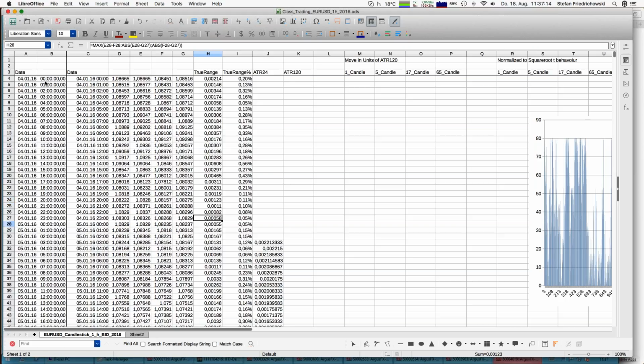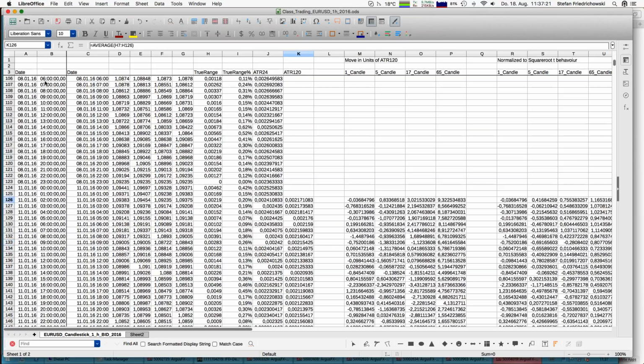And we have had 2 examples. One was ATR 24, and the other one was ATR 120. A few weeks ago, I did the calculation ATR in percent, so in percent of the close price. Now I simply switched to absolute numbers of ATR values that is more similar to what you have as an ATR indicator, for example, in MT4.